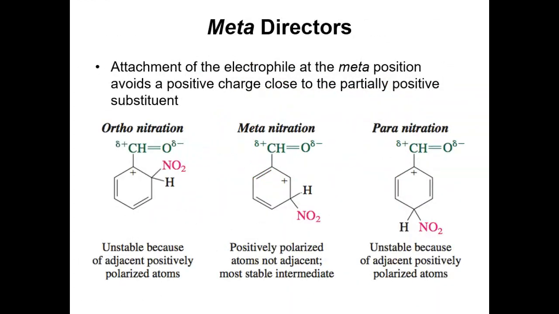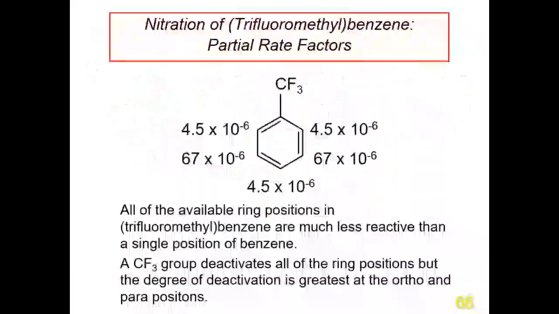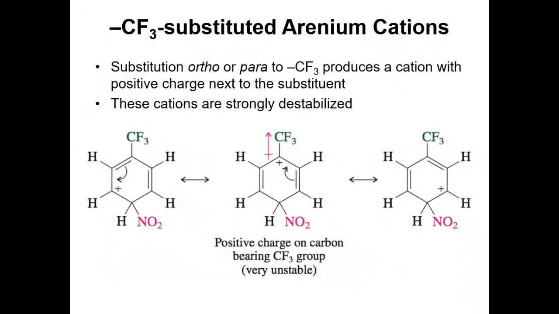And strongly deactivating groups are always meta directors, because as long as you have a strongly deactivating group, it is always a very powerful electron-withdrawing group. If you have a very powerful electron-withdrawing group placed here, like CF3, it's always going to destabilize the positive charge it connects to.